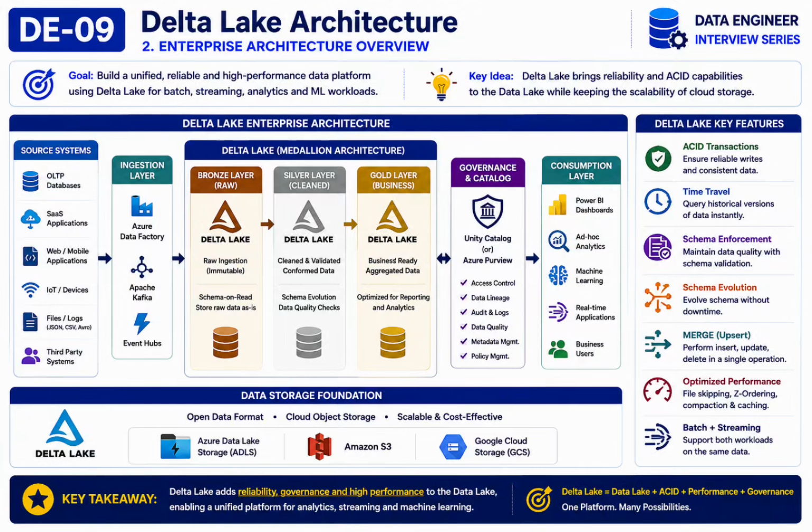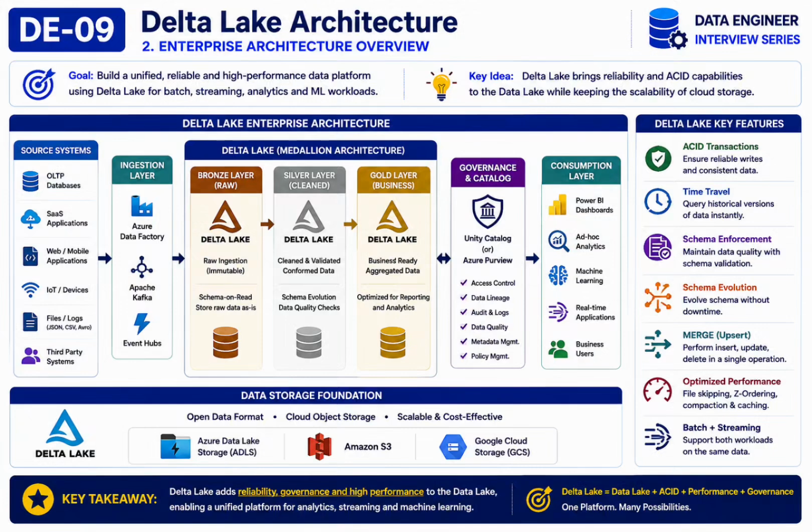The next step is the silver layer. Here we cleanse data, remove duplicates, standardize formats, validate quality and apply business rules. Finally, business ready data sets are stored in the gold layer. These data sets are optimized for reporting, dashboards, machine learning and executive analytics.